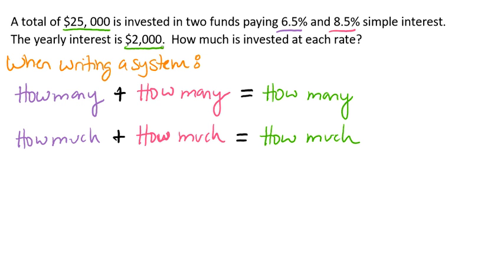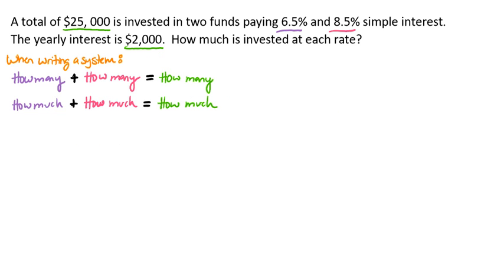So let's go ahead and write this out. We don't know how many of our first fund, so we're going to call our first fund x. Let's call our second fund y just to make it easy. We don't know how many of each we bought, but if we add them together, we end up spending a total of $25,000 in investments.